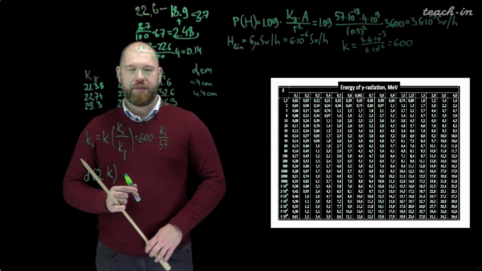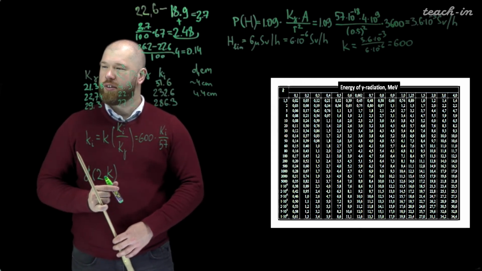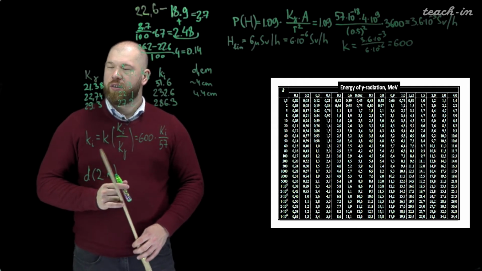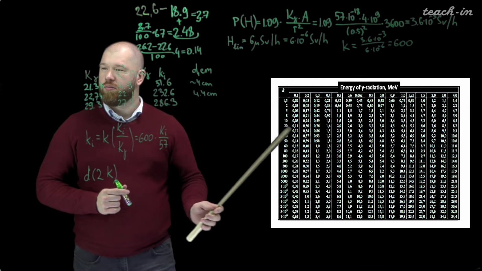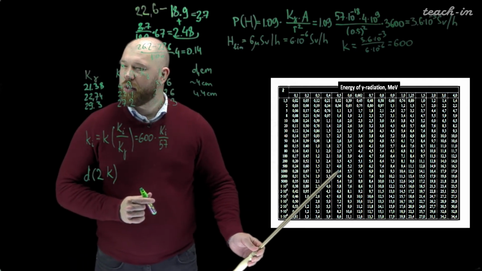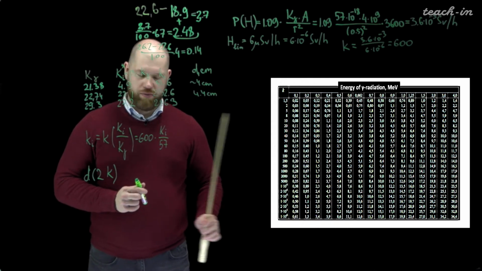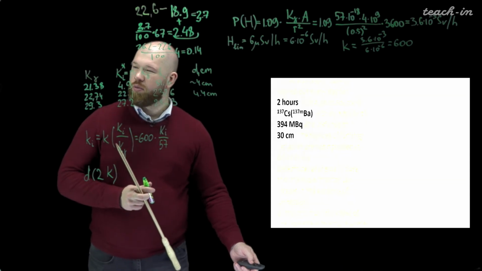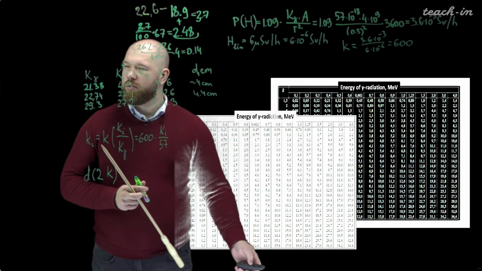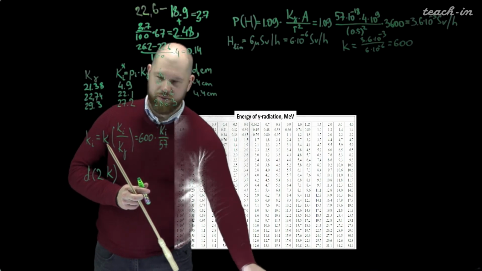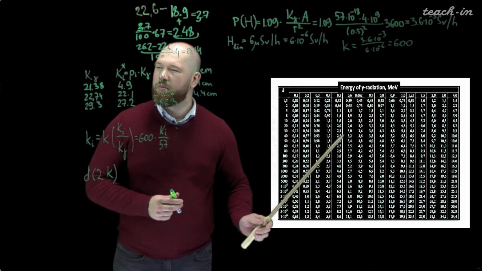And now the same for 286. We multiplied it by 2, so it will be 570, and we can find it for the energy of, one moment, the energy was 800 kiloelectron volts.